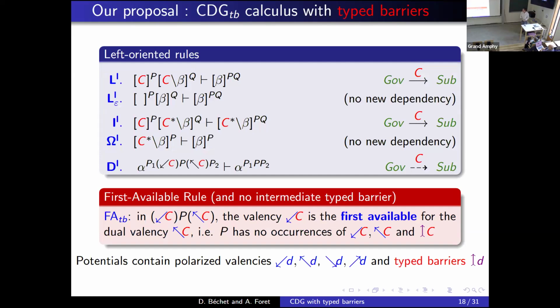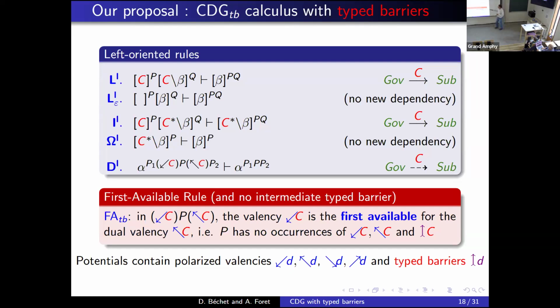What is the difference between classical CDG and the solution that we have here is the introduction of type barriers, which are this symbol there, the vertical arrow with a name C. And we only change, in fact, the first available principle.